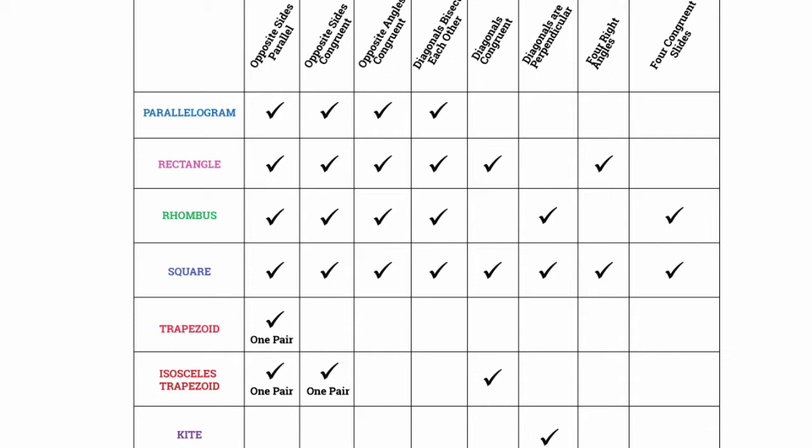In an isosceles trapezium, one pair of opposite sides is parallel and opposite sides are congruent in only one pair. In kites, diagonals are perpendicular to each other. Right students, with this checklist we can memorize the properties of the types of quadrilateral.